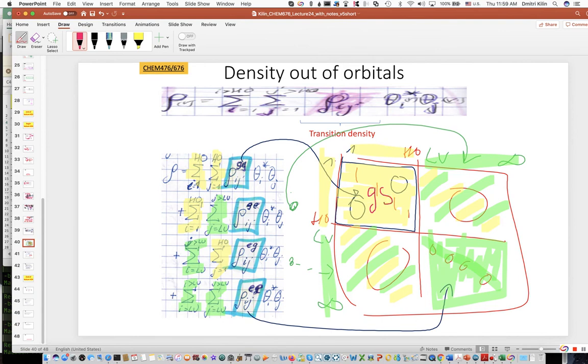Or because there are 2 indices, we can call it GG, because index 1 is ground, index 2 corresponds to ground. The segment where both are excited, we can call it EE. Both are excited. And when we are looking for a transition between ground and excited, we can call it GE, ground excited, and EG.